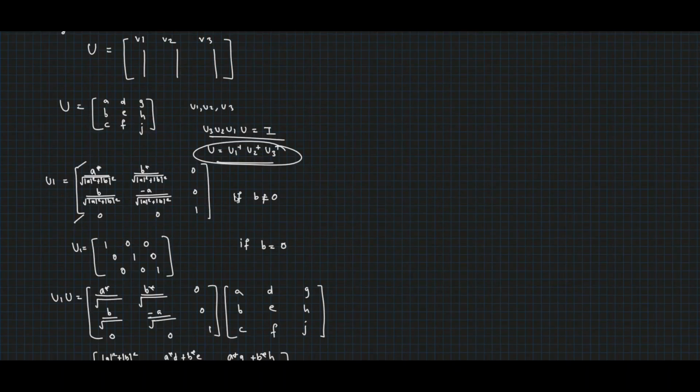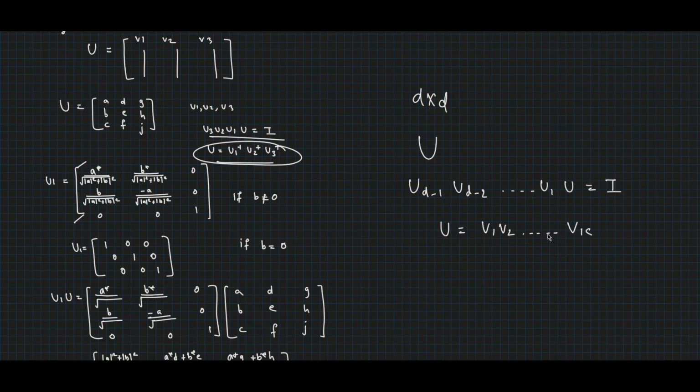Now we can generalize this procedure for any d cross d unitary matrix U such that U_{d-1}, U_{d-2}, ..., U1 U must be equal to I, and U can be decomposed as V1, V2 till Vk unitary matrices, where the matrices Vi are all two-level unitary matrices and k is less than or equal to d into d minus 1 by 2.